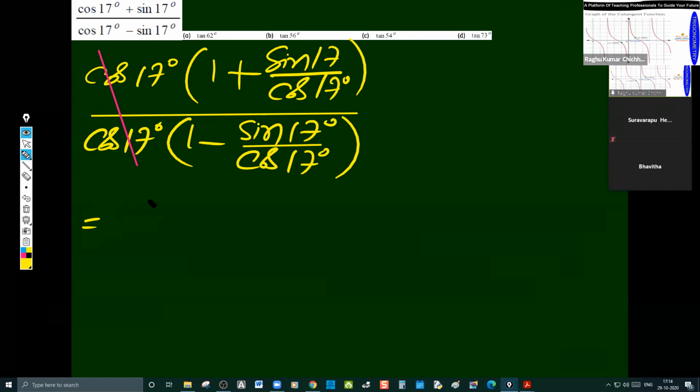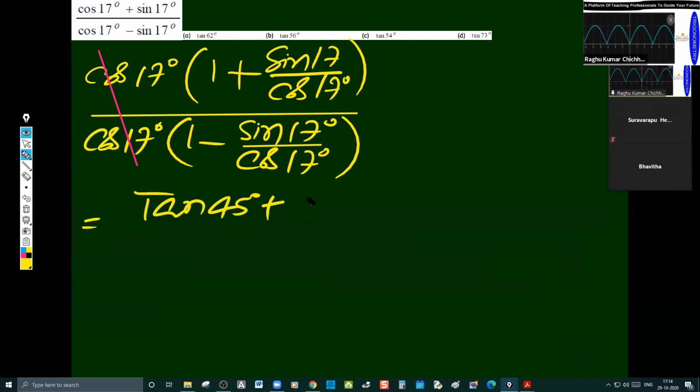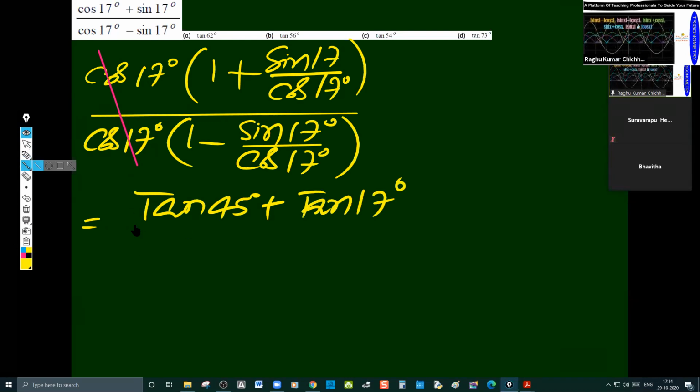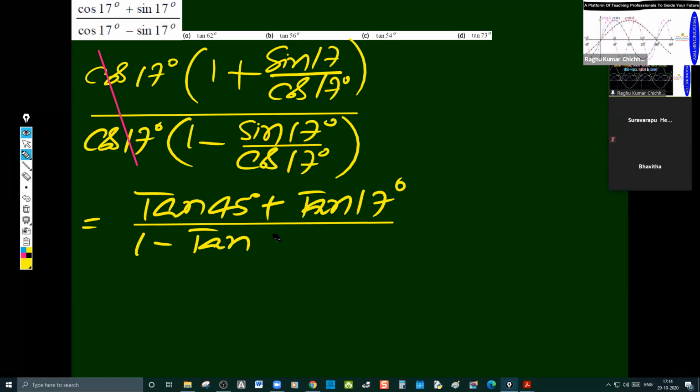What I do, I'll replace 1 with tan 45 plus tan 17, whole divided by 1 minus. Because tan 45 is 1 only, you can write tan 45 into tan 17. Why should I write like that?